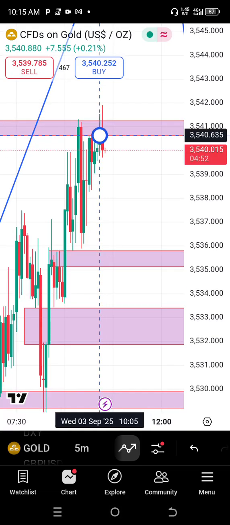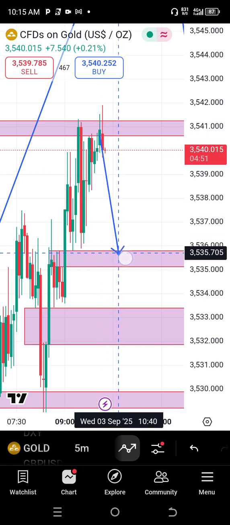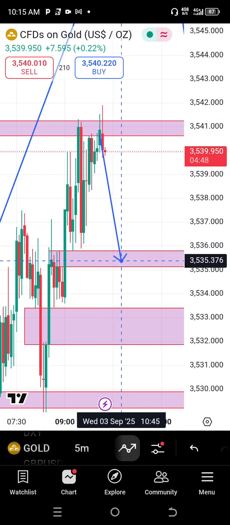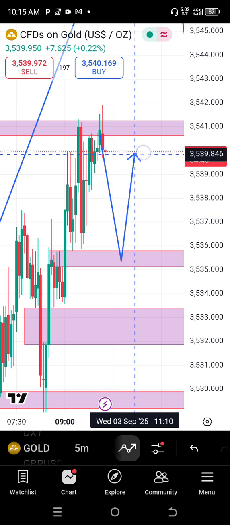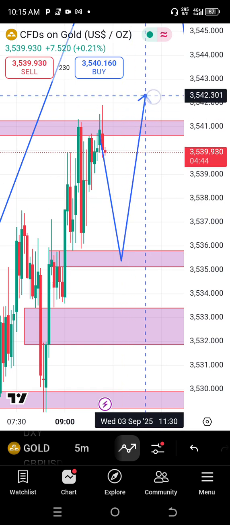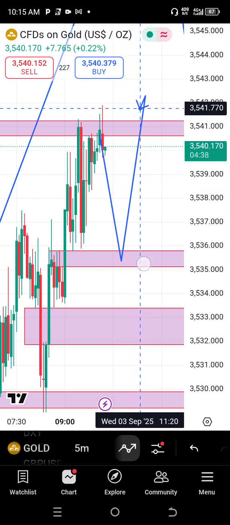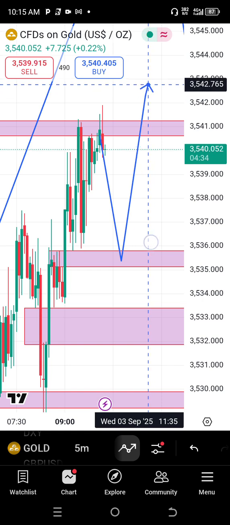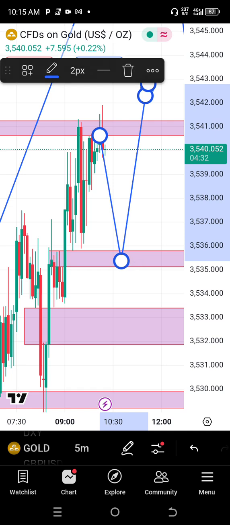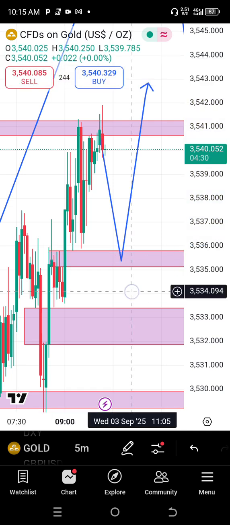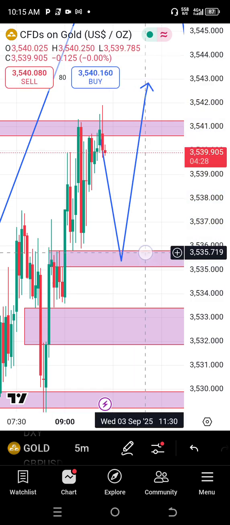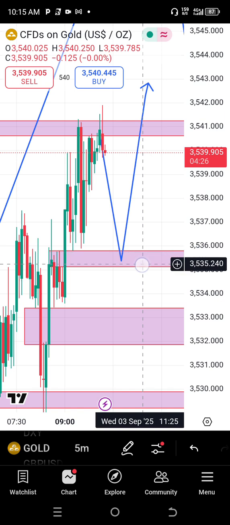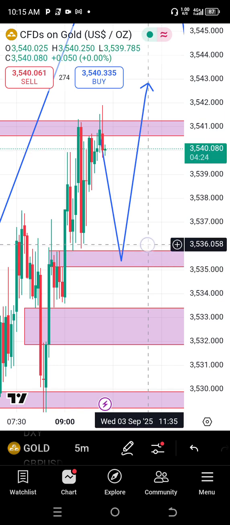It's going to sell down to this area, pick it from this fair value gap, and then it begins to move up. It begins to move up, and if you actually enter this trade from this area, okay, now if you enter into this trade from this area between 3,535, at least it helps to actually limit your risk.